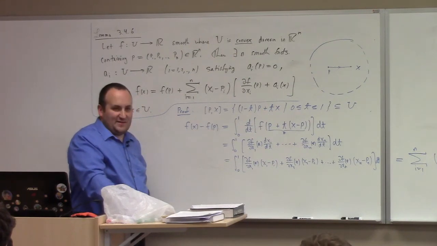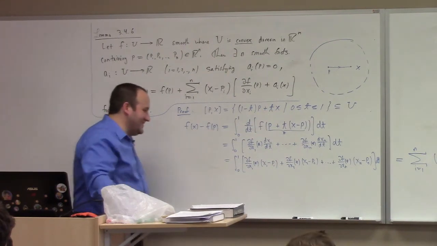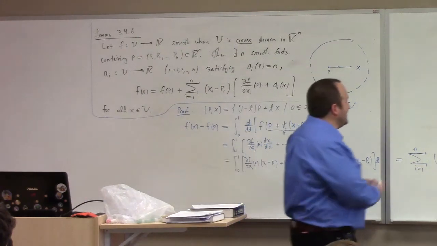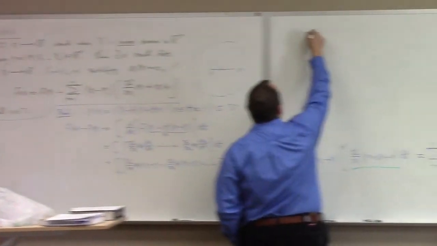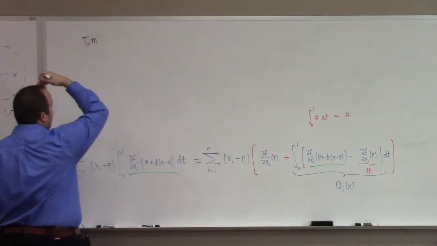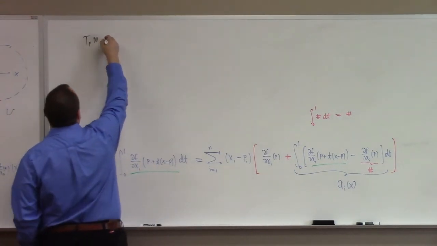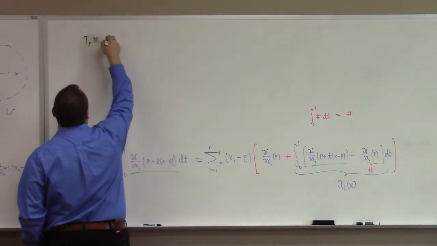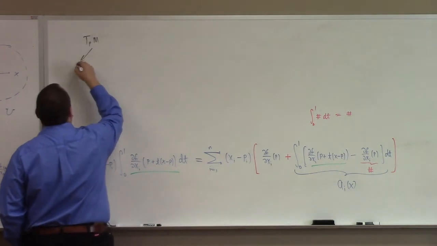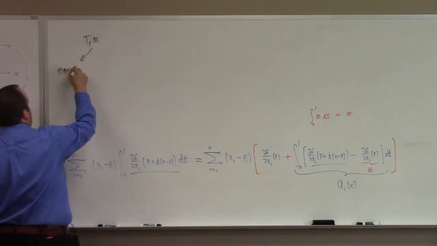So we've got tangent space, right? What's the deal with tangent space? The tangent space to P at M, we can look at it in different views. We can look at it as equivalence classes of curves.